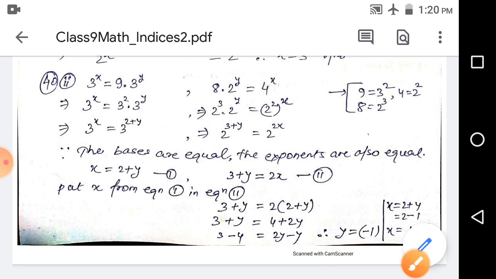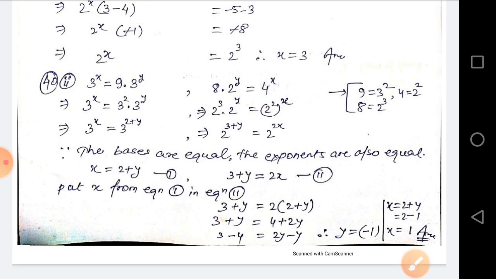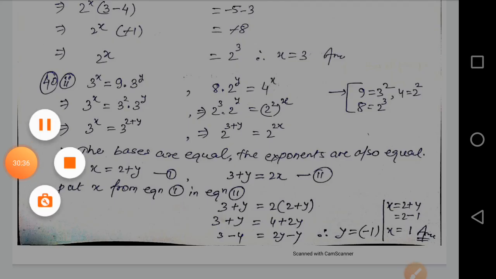Then we put this value of y in this equation 1, and we get x equals to 1. Okay, so thank you, this is complete. Thank you.